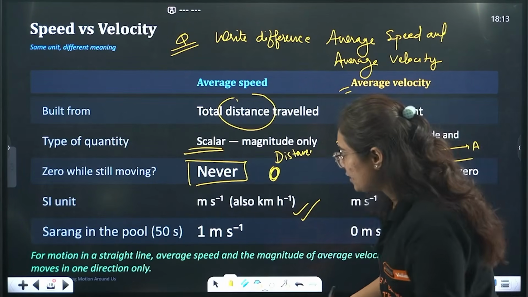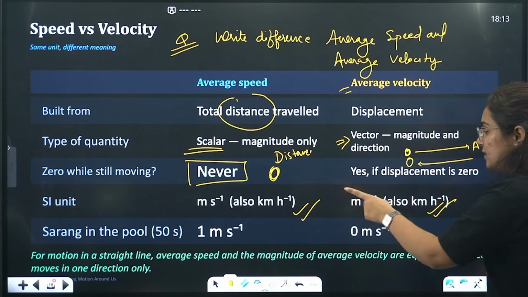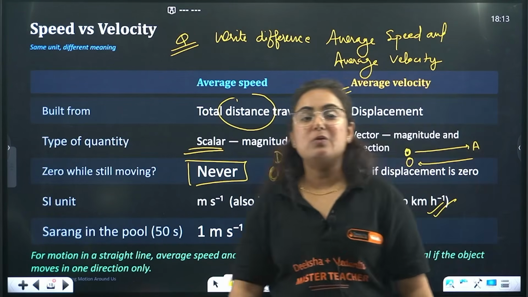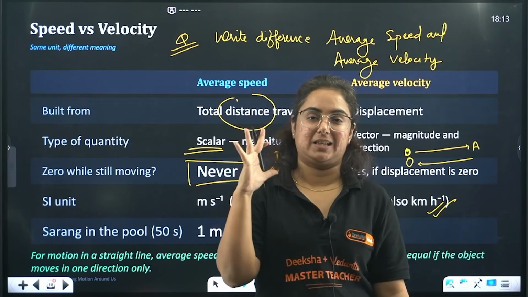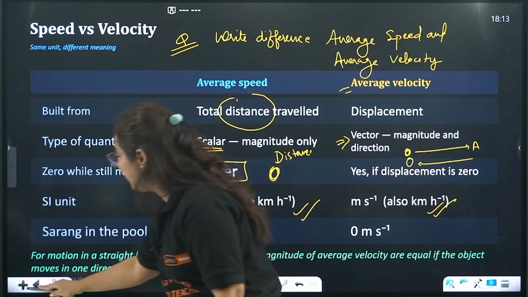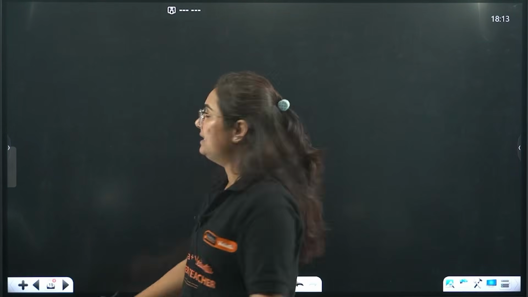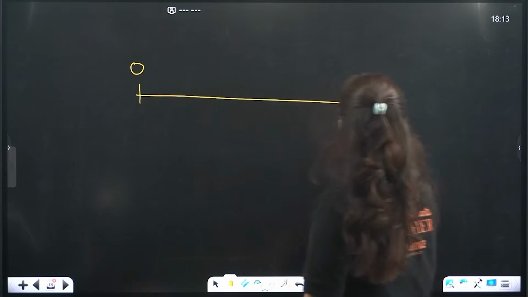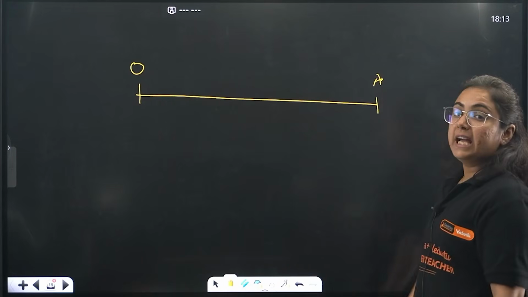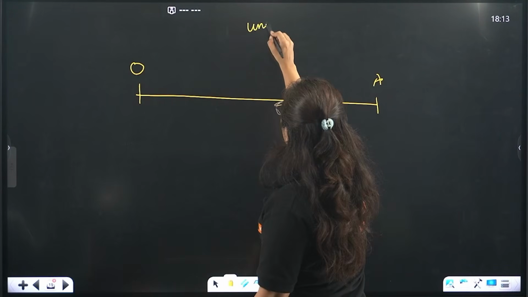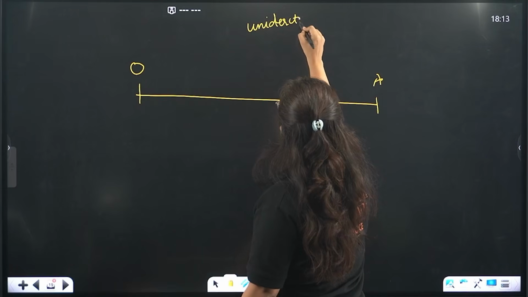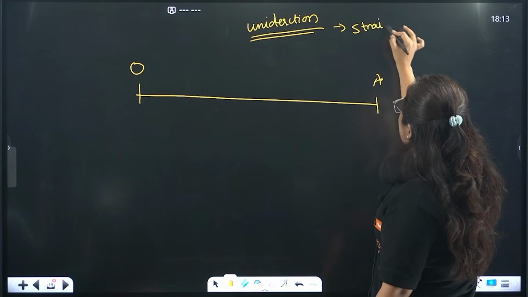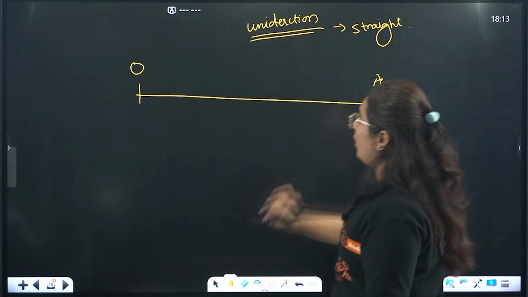Done? Great. For motion in a straight line, average speed and the magnitude of average velocity are equal if the object moves in one direction. That is also very much correct. What does this line mean? If Sarang starts from point O and reaches point A, moving unidirectionally, in the same direction in straight line motion, what will happen?